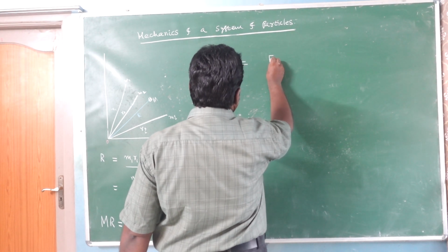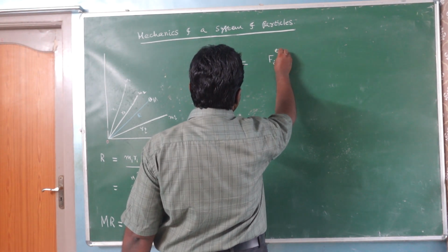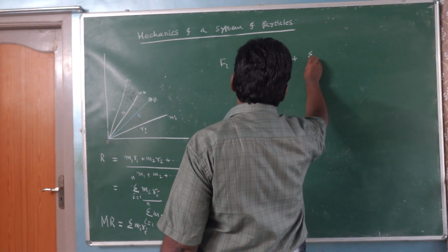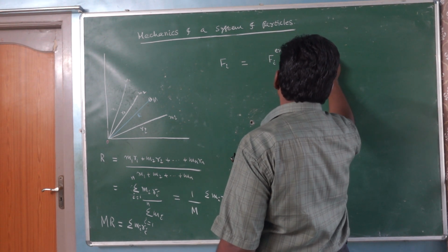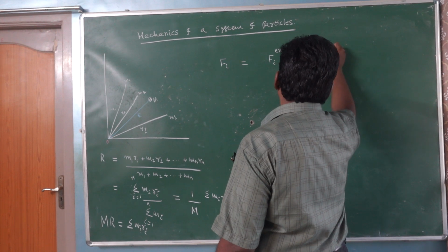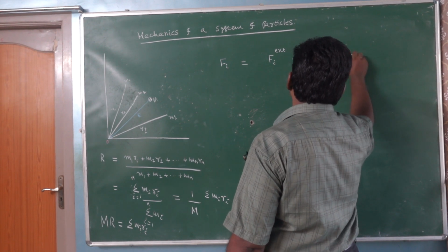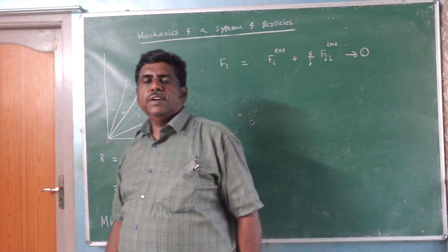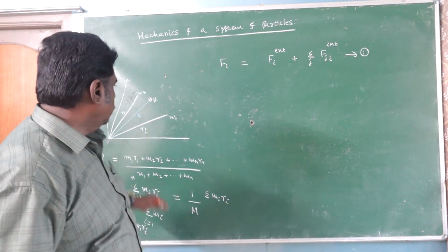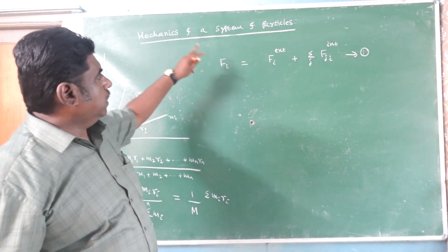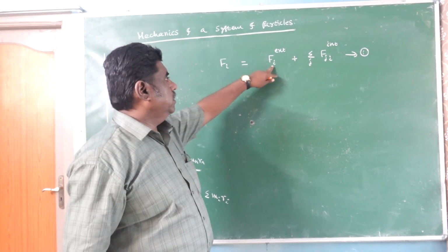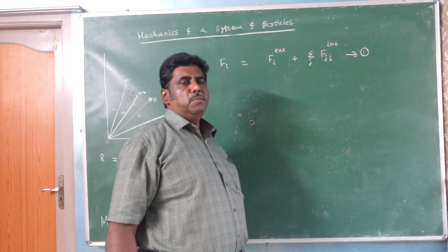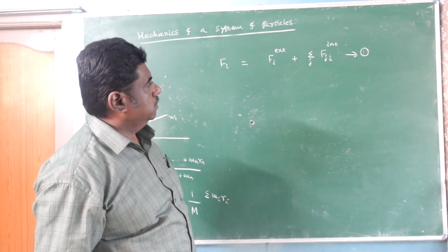This is equal to Fi external plus summation over j of Fji internal. Consider this equation 1. If you consider an individual particle, say the ith particle, the force acting on it is equal to the external force plus the contribution from the internal force.